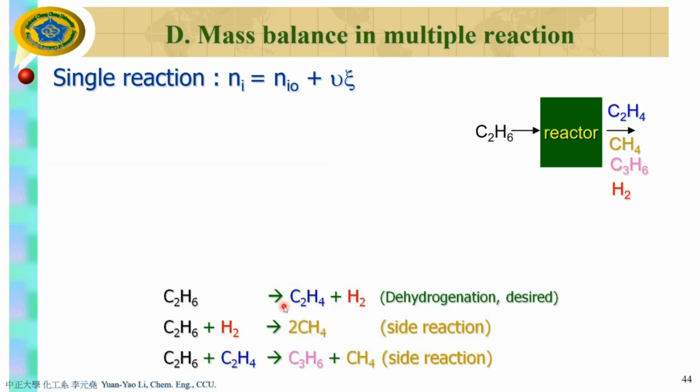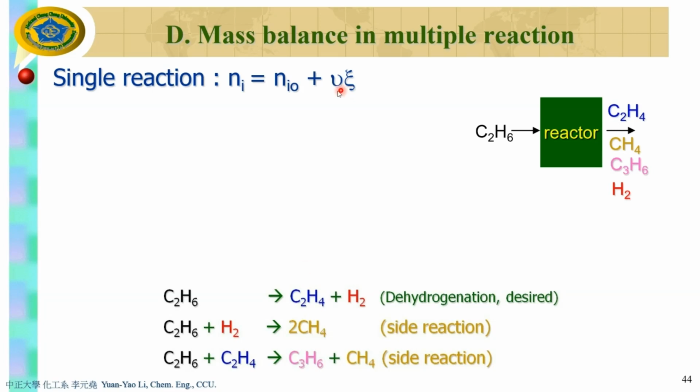Remember this stoichiometric coefficient. If this is a product, nu will be positive. If this is a reactant, nu will be negative. Xe is the extent of reaction. Different reactions have different extents of reaction, different numbers, the degree of the reaction.